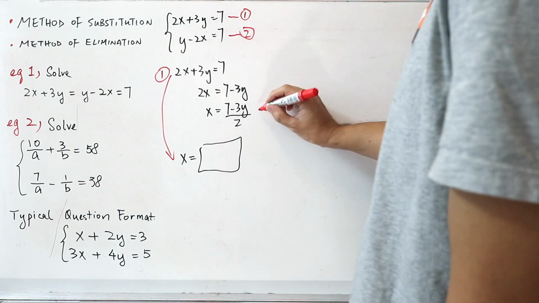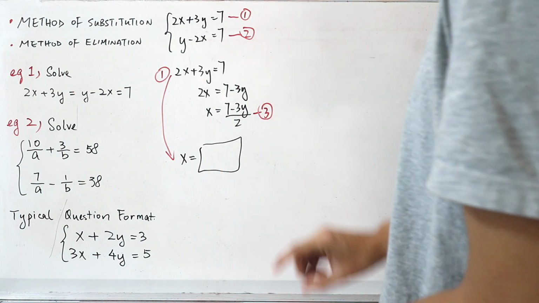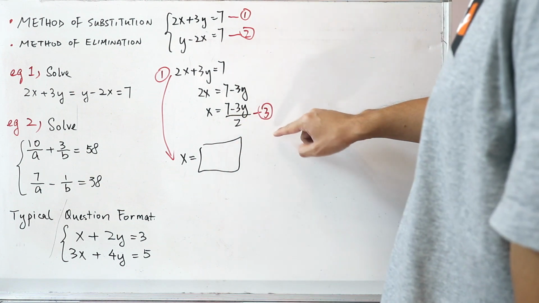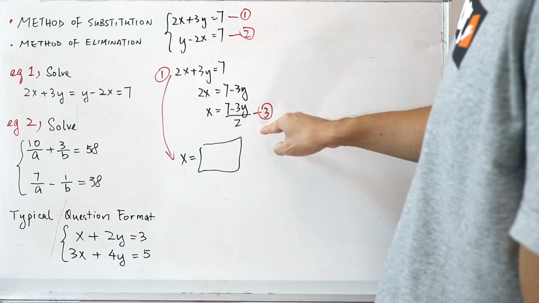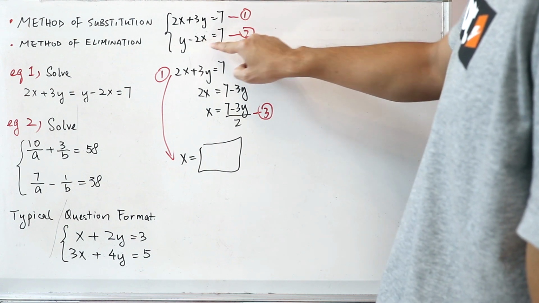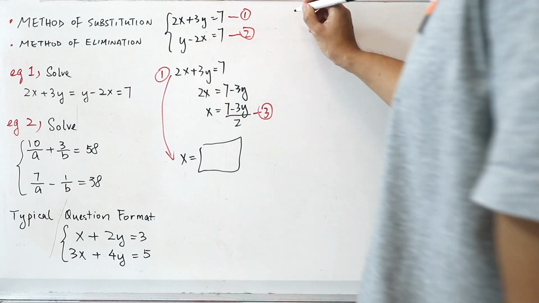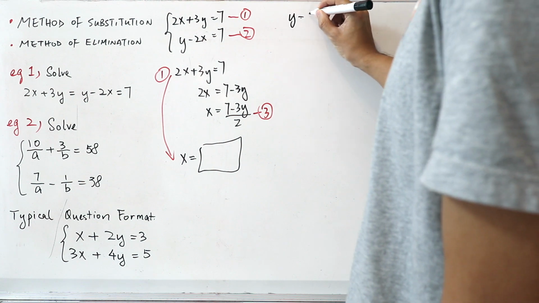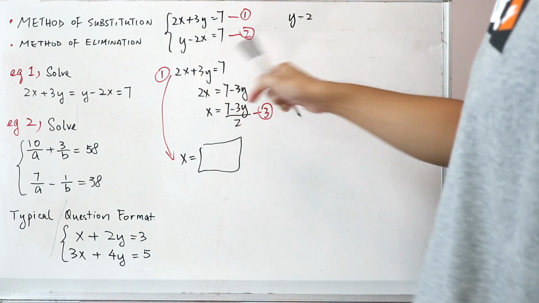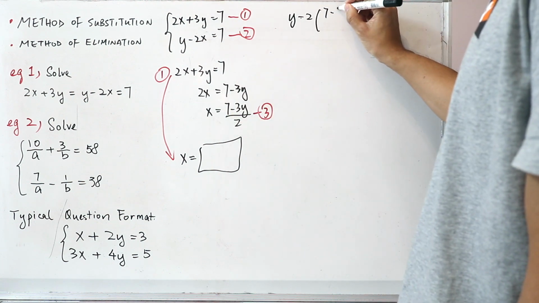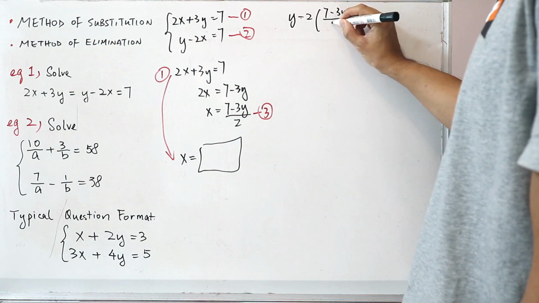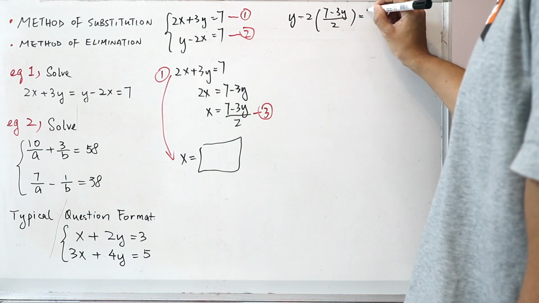I'll call this number 3. After we have this here, we substitute this back into the x here in equation 2. So y minus 2x, x is this here, 7 minus 3y divided by 2 is equal to 7.